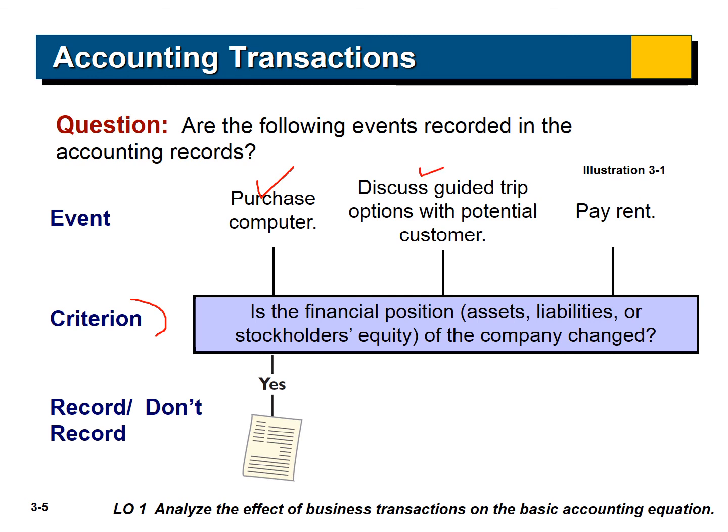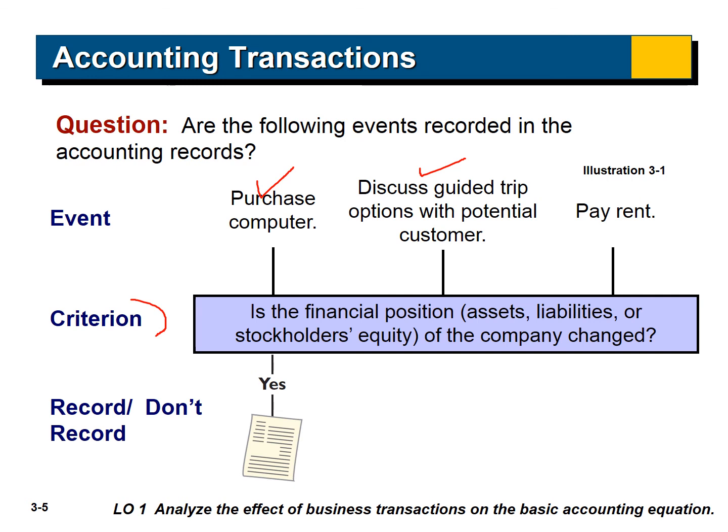The second one, discuss a guided trip options with potential customer. Let's say that you're a travel agency and someone comes into your travel agency and says, well, I want to talk about a guided trip. I want to go to the Smoky Mountains with a guided trip. Does that change the financial position?